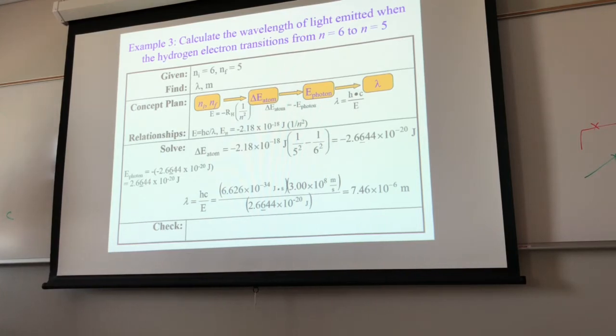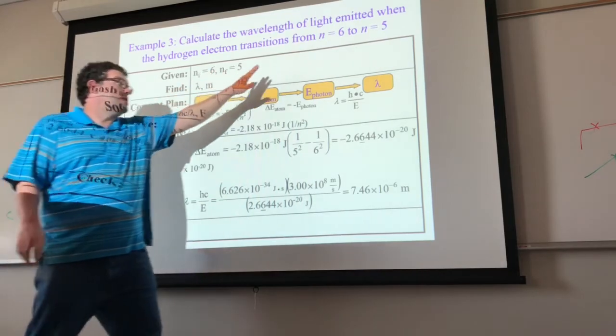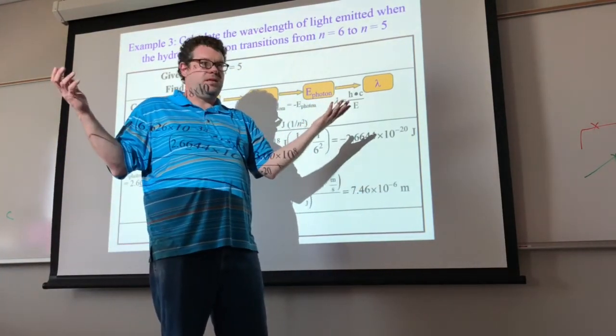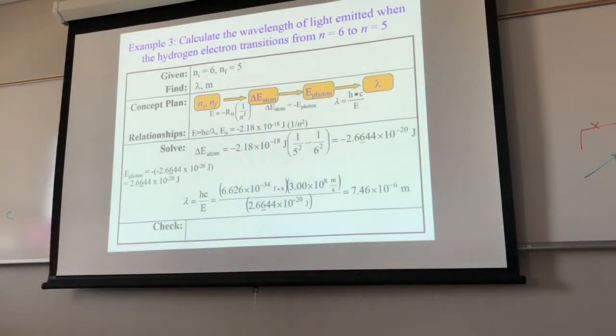I guess what's confusing to me is how do you know when to use what equation? It's a very broad question, but anytime you have the n's, you've got to use the Bohr equation. That's it. The other two are for equations that don't have the n values.